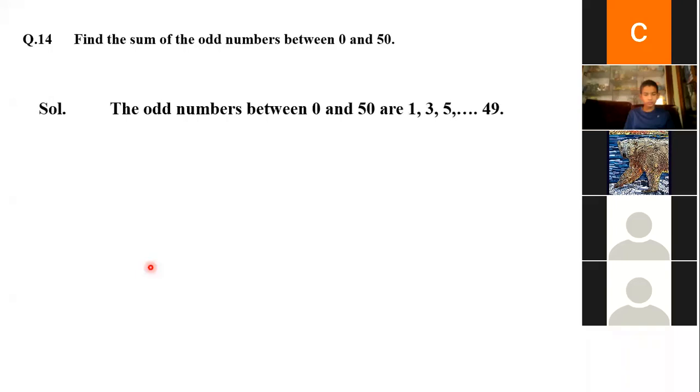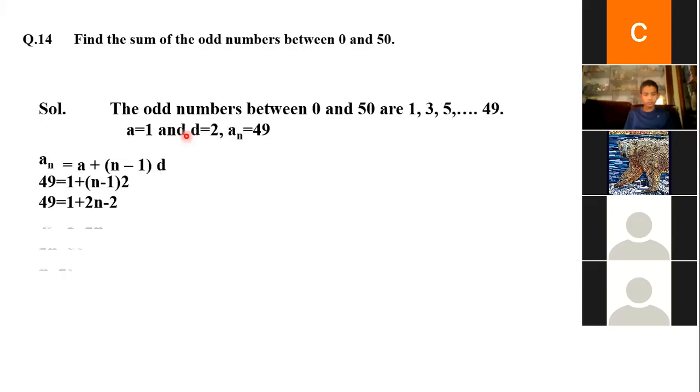What is the common difference you are getting here? 2. 3 minus 1 is 2, 5 minus 3 is 2. Very good. So we know the first term, we know the last term. Apply Sn: S49 equals n by 2 into A plus L. We need the n value, no, to find out.